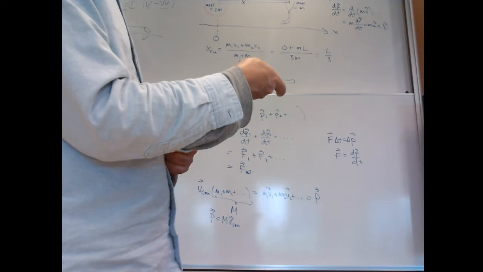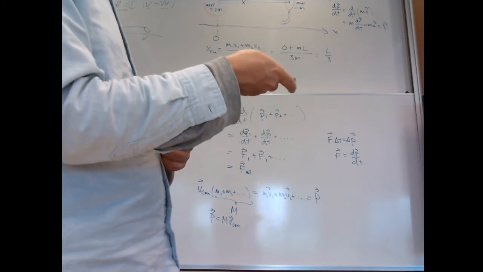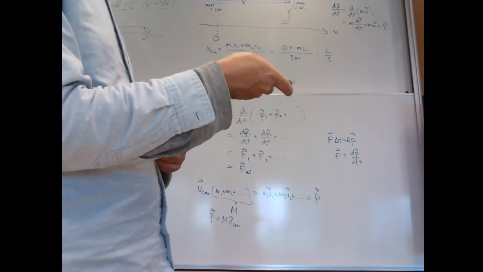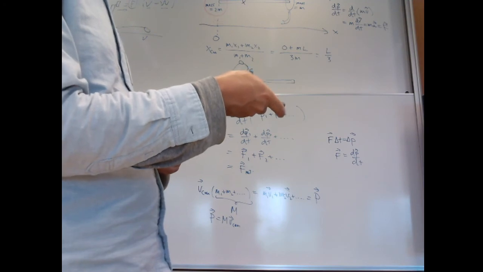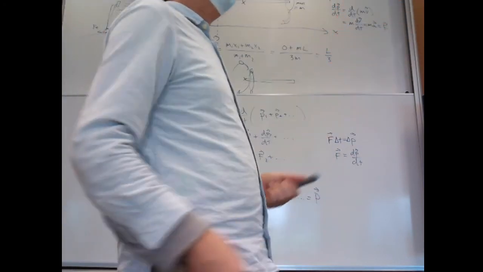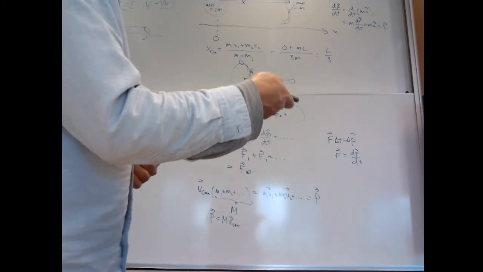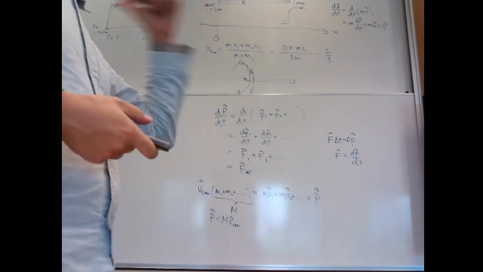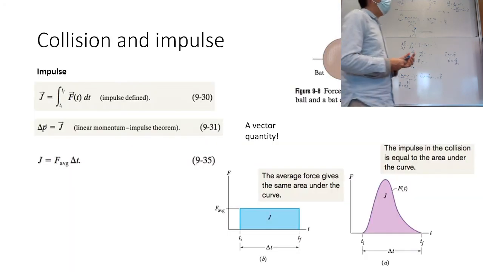Slope is negative. But then the P itself is positive, right? Well, I'm assuming this is 0 here. So P itself is positive, moving in the forward direction. Force, because the gradient is negative, will be in the negative direction. So if you're moving forward and the force is pulling you back, then it will slow you down. Okay.